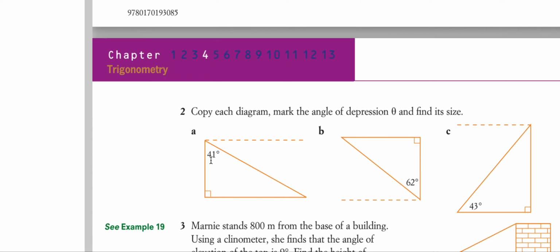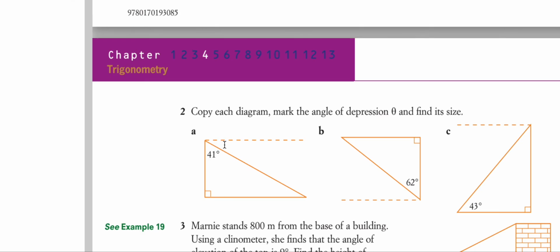But I can see that this angle here is 41 degrees. And I know that if I add this angle to this angle, well, this whole angle here, this is a corner of our rectangle. So this is a right angle. So I know that this angle here has to add up to 90 degrees. And part of it, this part here is 41 degrees.